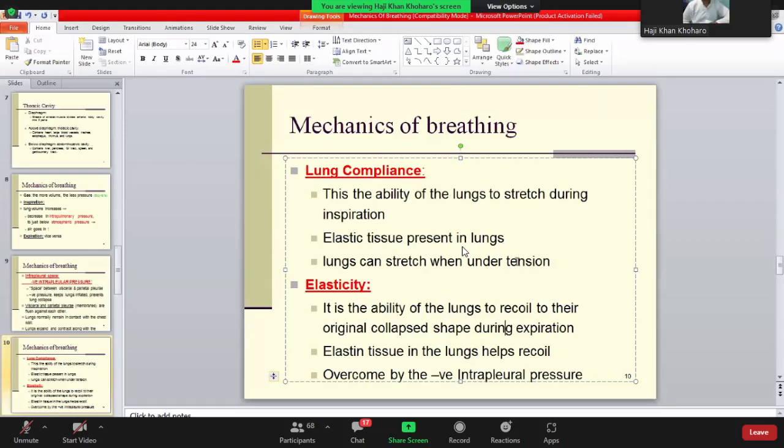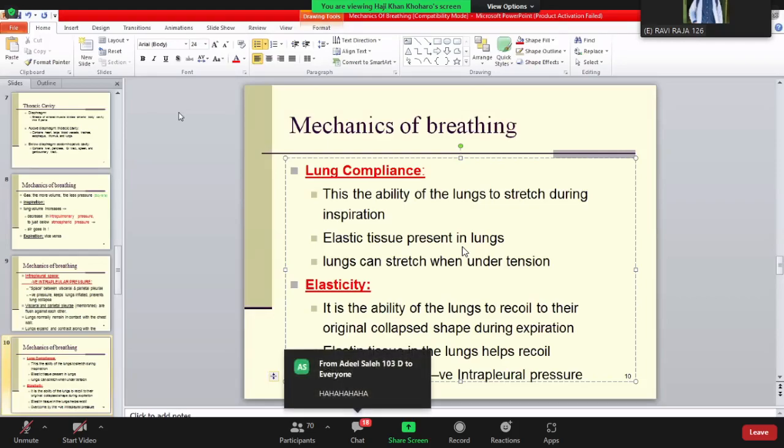So any student, please repeat this slide. Ravi Raja. Hello, Ravi. Yes, sir. Please repeat this slide. Sir, compliance is that when we inspire and we breathe, when we inhale the air, the lungs are stretched, and the elastic tissue present in the lungs can stretch when under tension, because when we inhale the air, the lungs will be stretched.